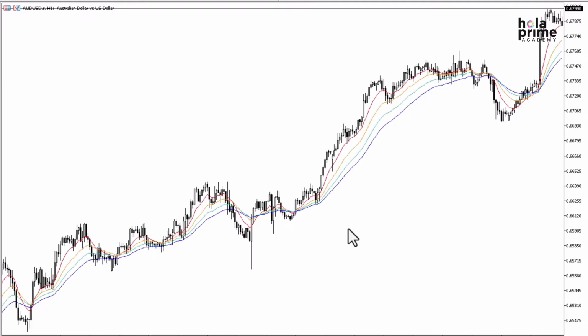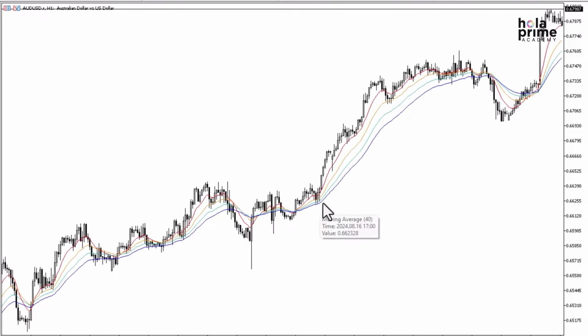Well, you let the market tell you, and that's one of the better parts of this trading strategy. What you're waiting for is the, in this case, 10, the shortest moving average, to cross below the longest moving average, in this case 40, to tell you when to get out.